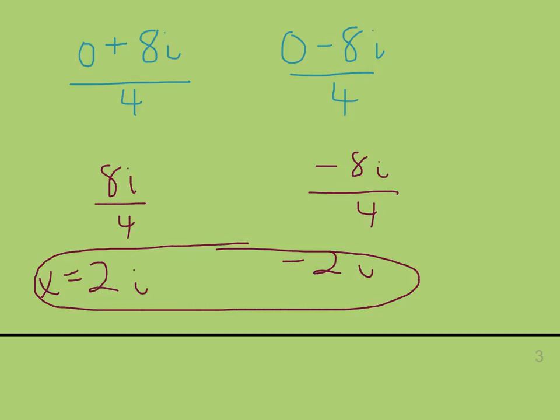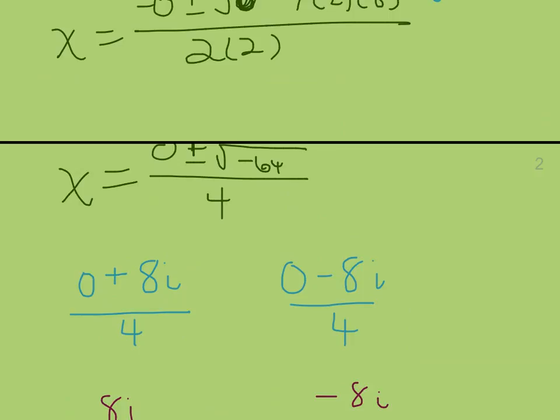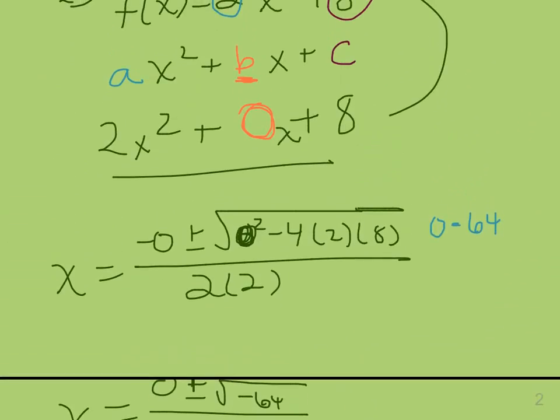Now going back to the original, we've been talking a lot about how to classify different types of quadratics, knowing ahead of time whether it's going to have two solutions, one solution, or no solutions by looking at the discriminant. Well, here we notice this 0 ends up playing an important role. 0 squared, so I'm going to point to it right here, this 0 squared is 0, so no matter what, if I add to that a positive number, it's going to be positive, and if I subtract, it's going to be negative.